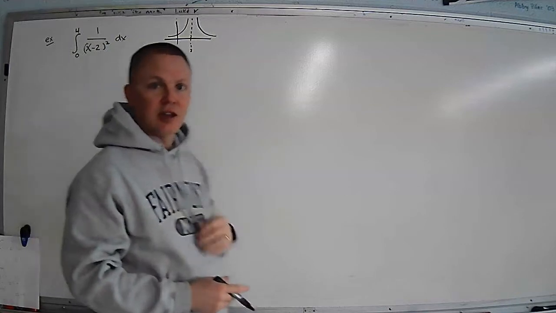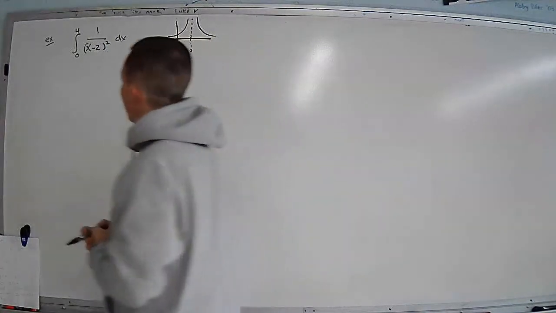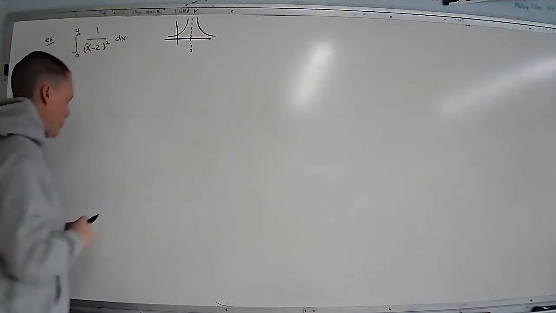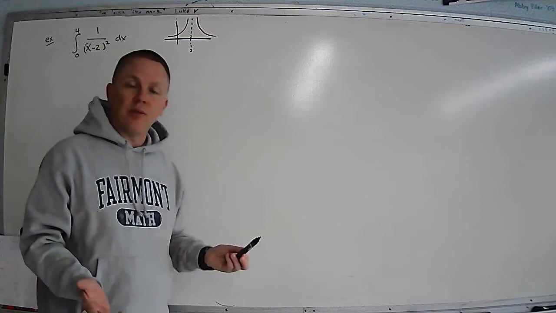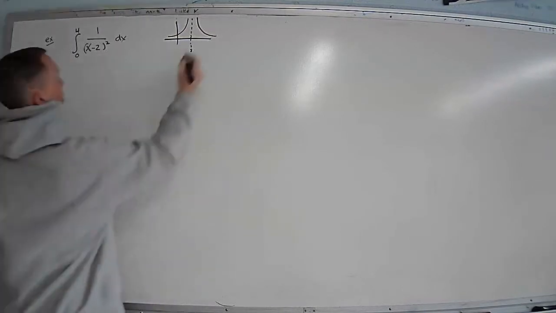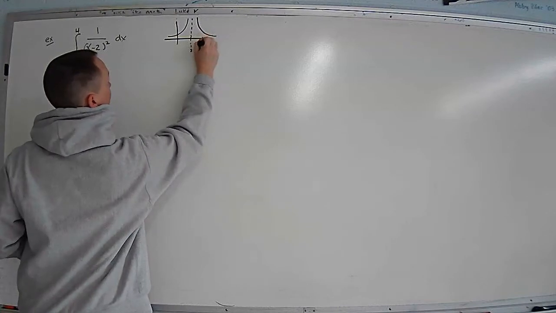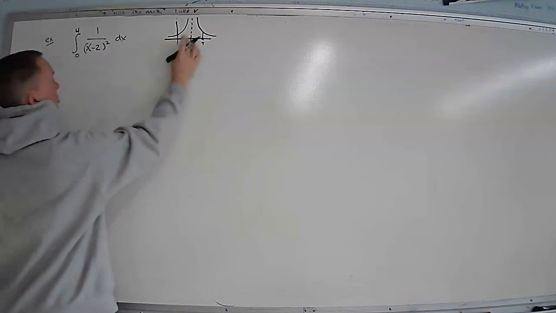That's what defines this as a type 2, or what I call a type 2. We're integrating across the vertical asymptote. Okay? So the way we do this is exactly the same way we do the type 1s. Since I'm going to 4 over here, I need to actually compute 2 limits.